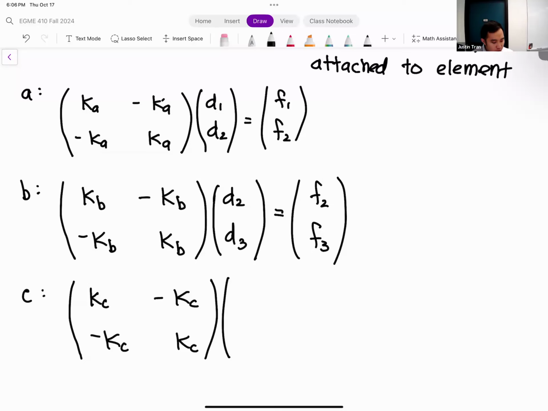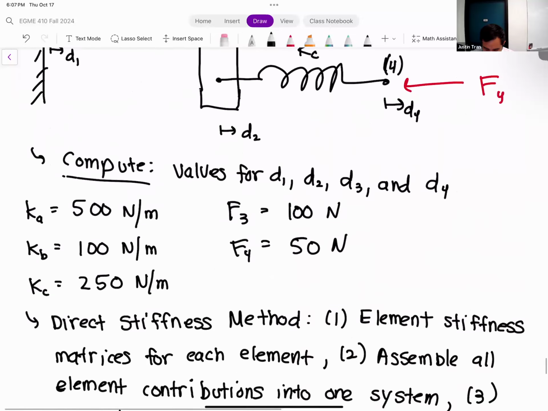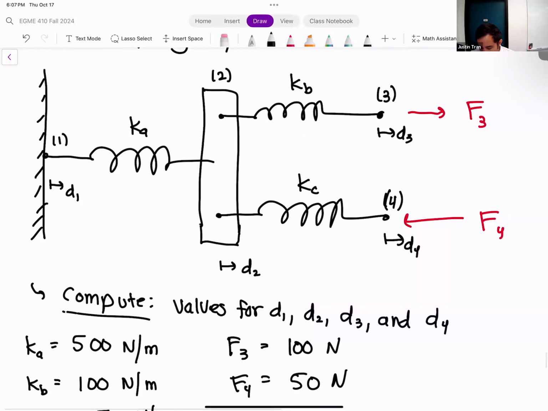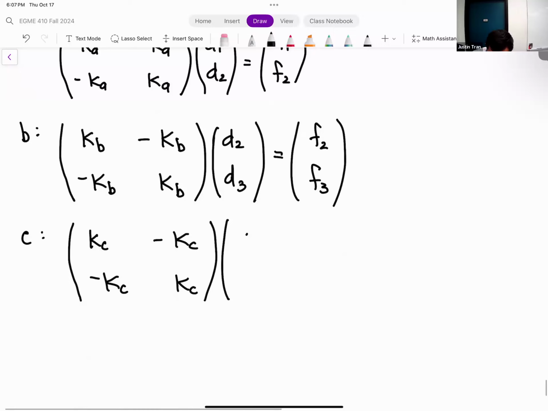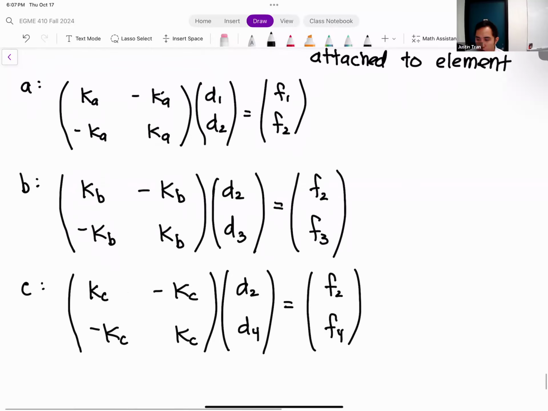Once again, we're going to go up and check which nodes are attached to element C. We can see that element C is attached to node 2 on the left, the wooden block, and on the right it's attached to node 4. So this is going to be D2, D4, and F2, F4. Okay. So that's our 3 element stiffness matrices, with varying qualities of handwriting.